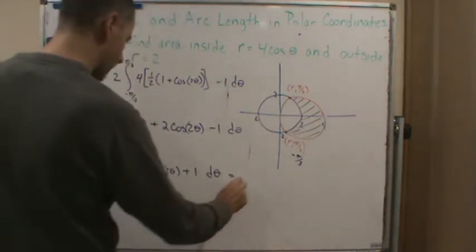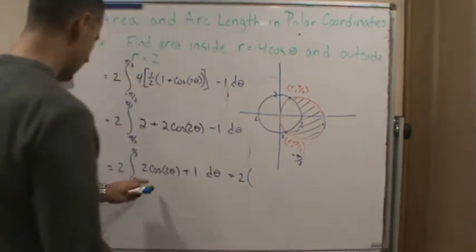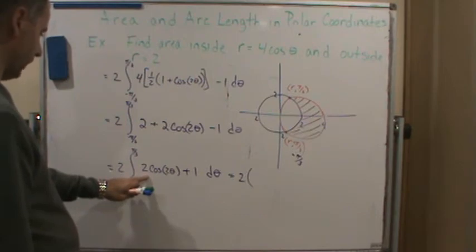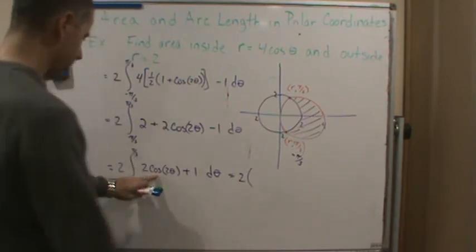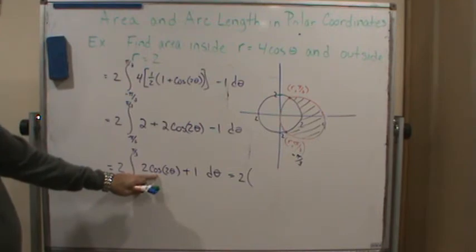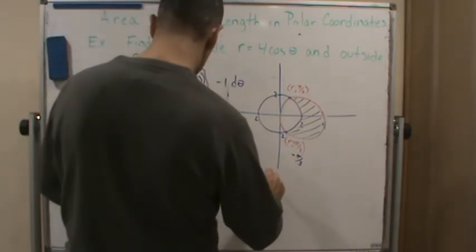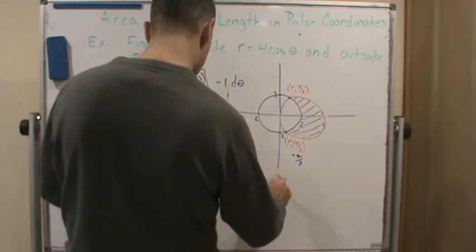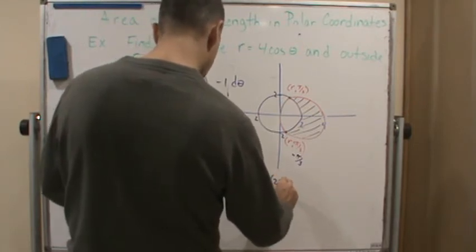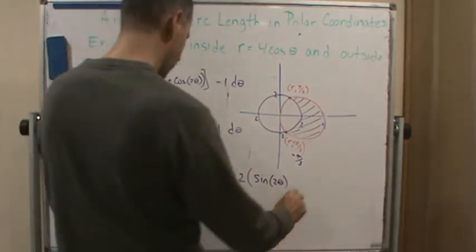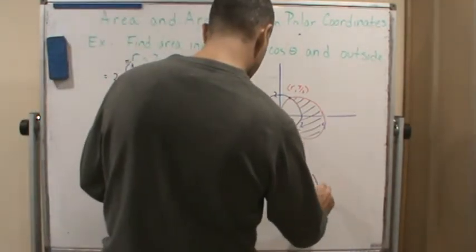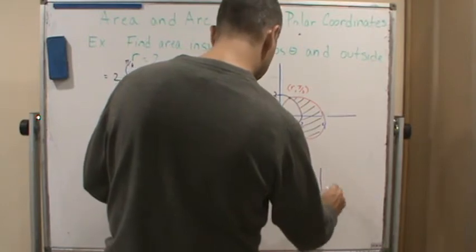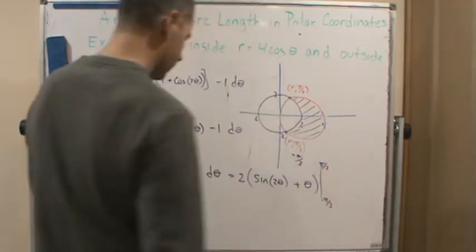And now I'm just going to integrate. So this becomes what? 2 times what? This is going to become, well, the antiderivative of cosine is sine. So this is just going to become sine 2 theta plus theta evaluated from negative pi over 3 to pi over 3.